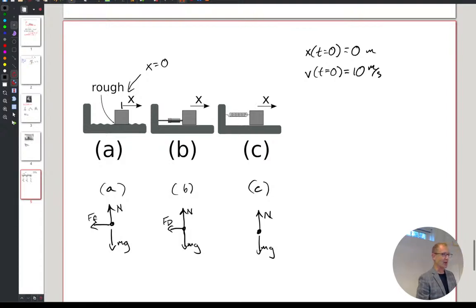What about for the spring? This one I definitely saw both this way and this way. Is the spring always pulling to the left? In this scenario, I would assume it's pulling to the left.